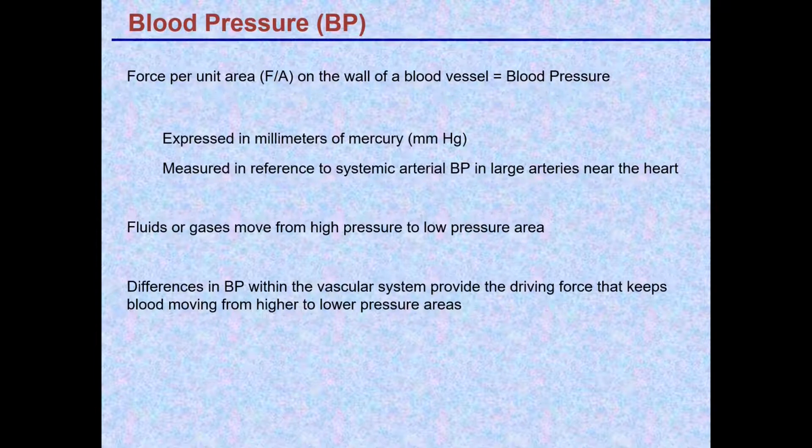We don't usually talk about the units, you know, it's like 120 over 80, where the first number is systolic and the second lower number is diastolic. It's measured in larger arteries that are near the heart, typically, I think, the brachial artery in the upper arm.